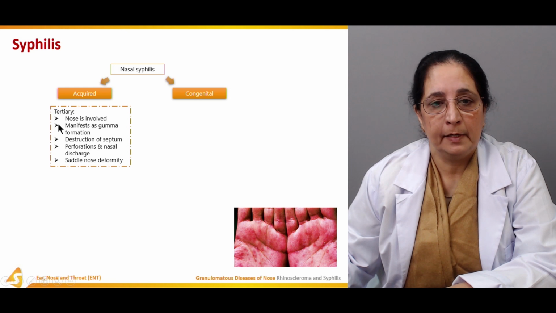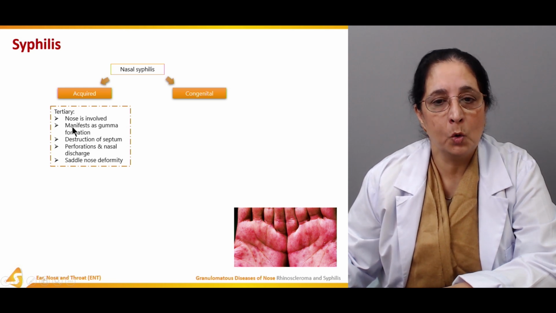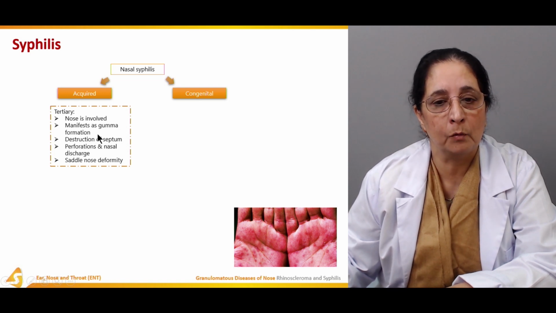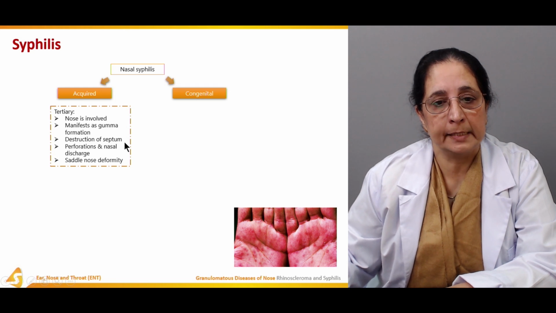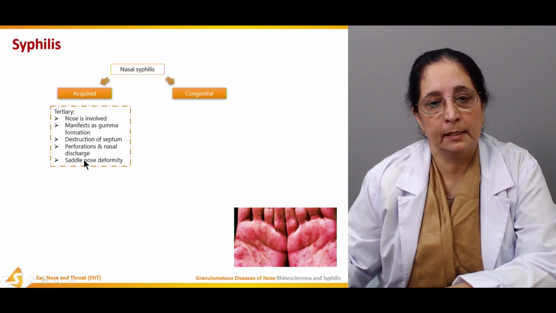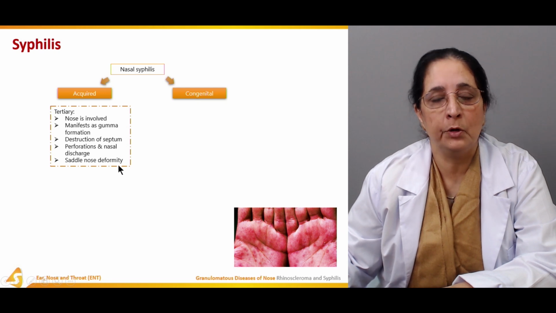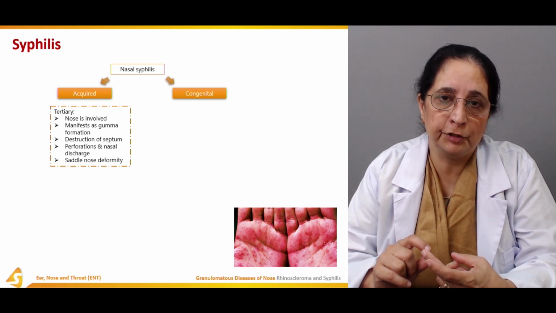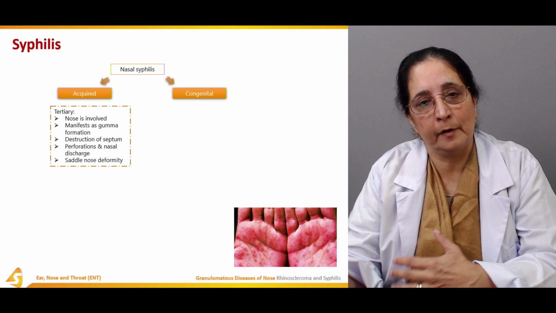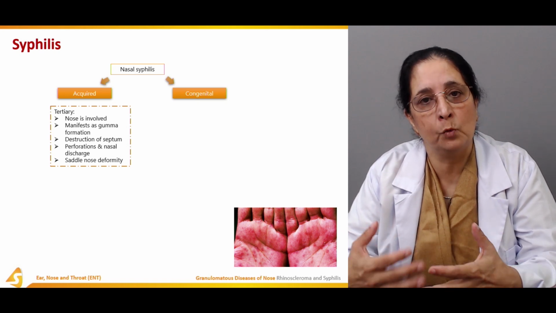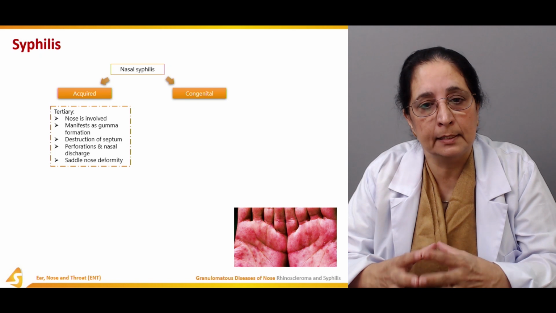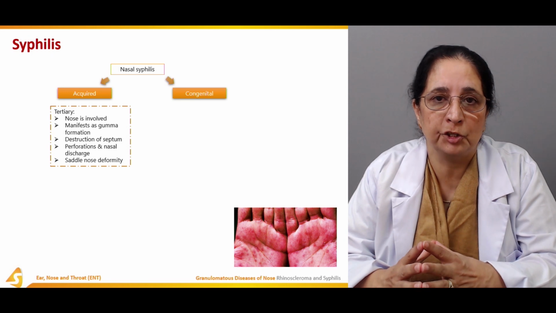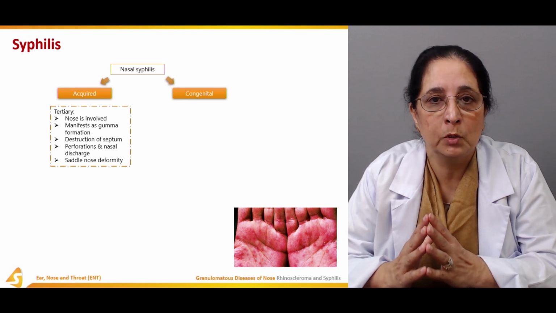Then in tertiary syphilis, the nose is involved, and this condition is manifested as gumma formation, destruction of the septum, perforation of the septum, and saddle nose deformity. So primary syphilis, secondary syphilis, tertiary syphilis: as the stages progress, the condition becomes worse and worse. In tertiary syphilis there is gumma formation, perforation of the septum, there is discharge, and there is saddle nose deformity.